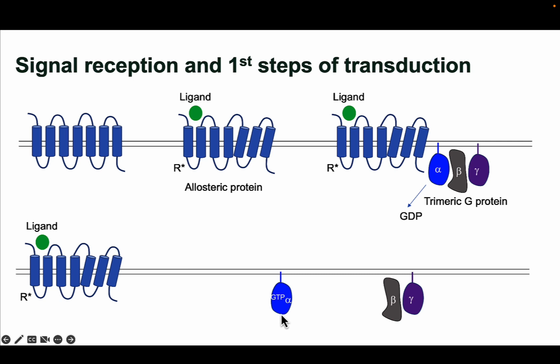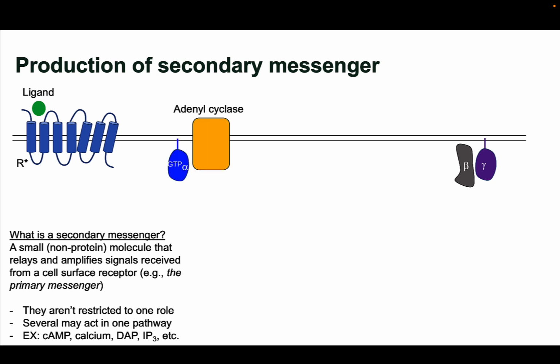Okay. Now, next is where I think it kind of gets a little more interesting, because this alpha subunit is going to go ahead and activate an enzyme. And the enzyme it activates, and you don't have to know the name of this enzyme, but it's called adenyl cyclase. And so this alpha subunit activates this enzyme.